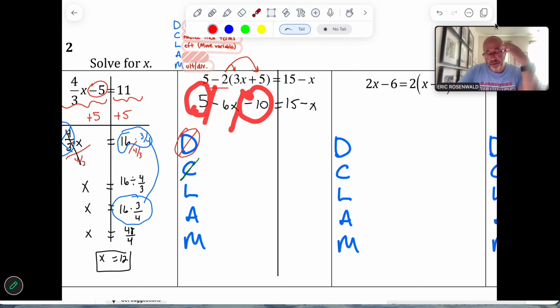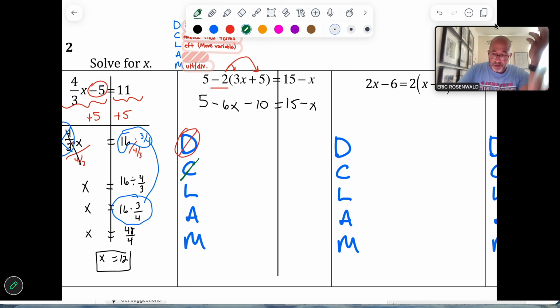So what is 5 minus 10? Let's write that out. We end up with -6x because that doesn't change, and 5 minus 10 is going to equal -5. Okay, and then we're going to have 15 minus x still on the right side.